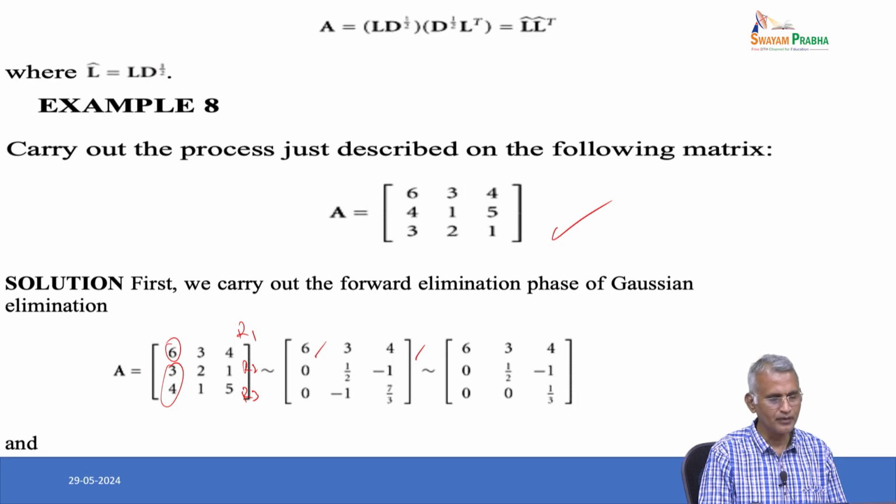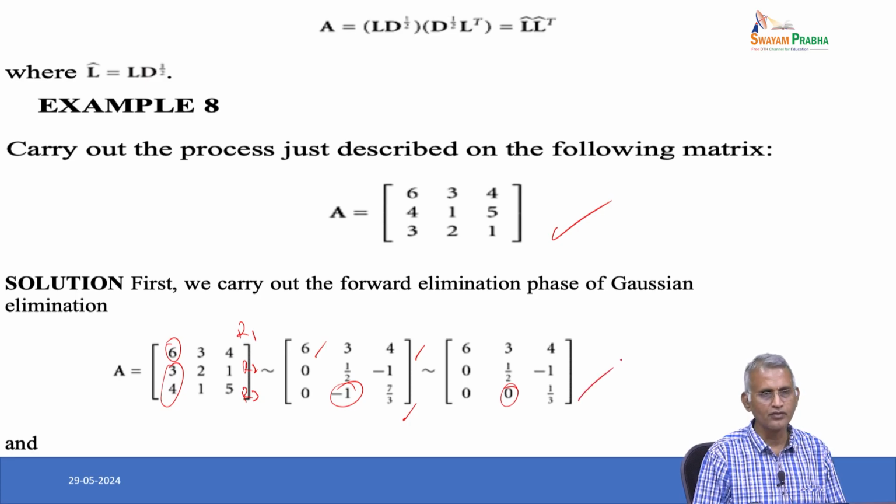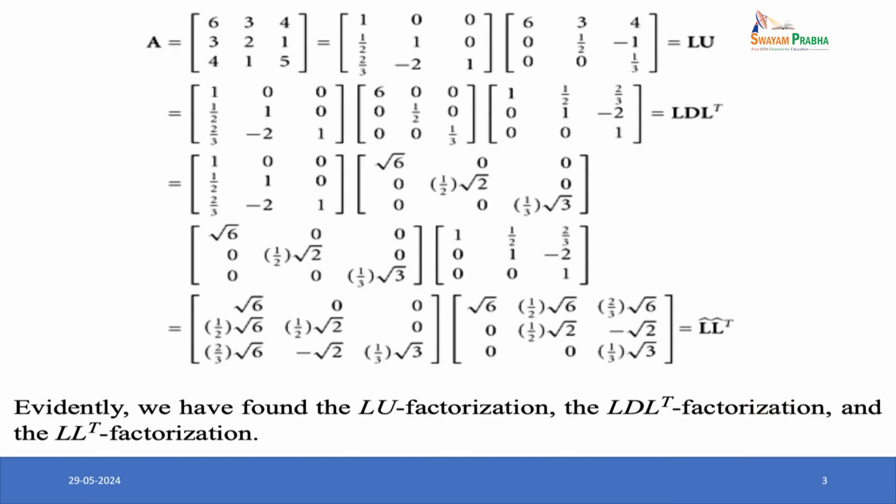Similarly for the third row, 6 times R3 minus 4 times R1, we have 0, minus 1, 7 by 3. Further we have to reduce this element to 0 by using the third row divided by half and then adding them. So the row reduced matrix is 6, 3, 4, 0, minus 1, 0, 0, 1 by 3.